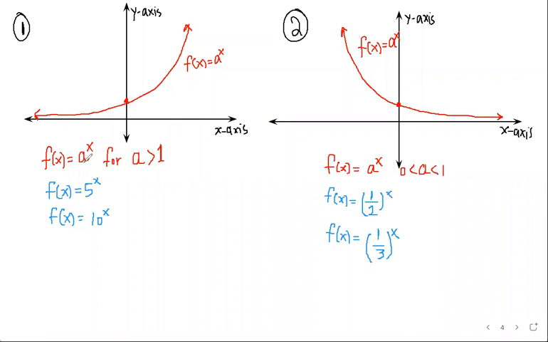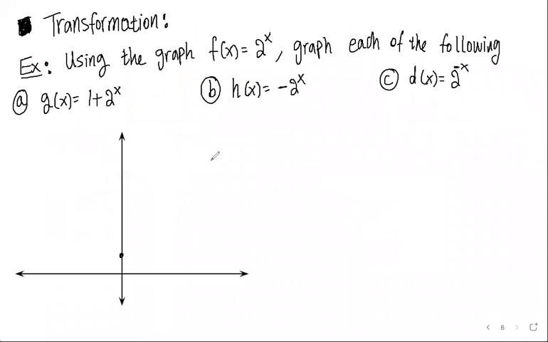Because I said f of x equal a to the x, and a is greater than 1, so the graph will look like this. So my original function has a graph like this. This is f of x equal 2 to the x. Now, how can I graph the function g of x? What does that mean, 1 plus 2 to the x?